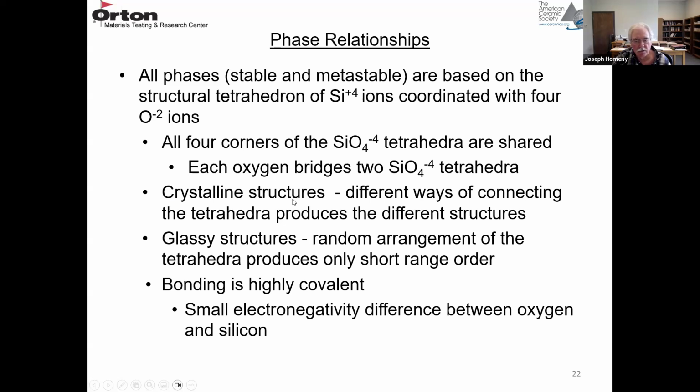So the different crystal structures are just different ways of connecting these tetrahedra, and that's how you produce the different crystalline structures. If you have a glass, you still have these SiO4 units, but they're not arranged in any definite pattern, so they're random. So that's why you have an amorphous glass at that point. The bonding between Si and O is highly covalent.